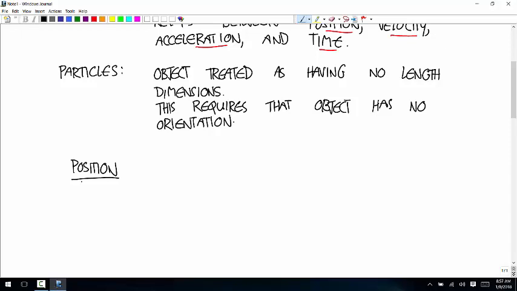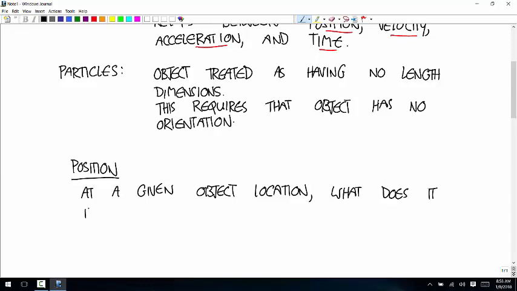And so we have this question that we have to start with. At a given object location, what does it take to assign that location a number?